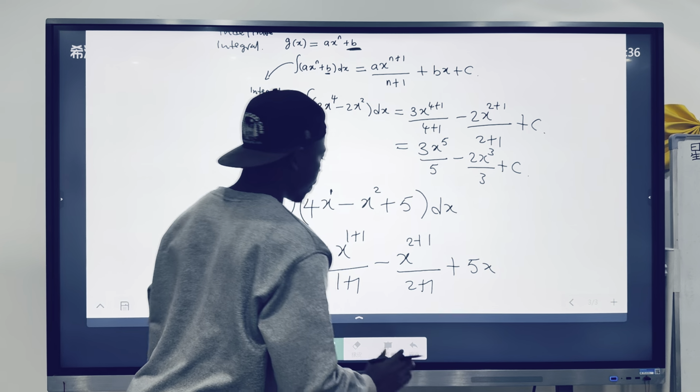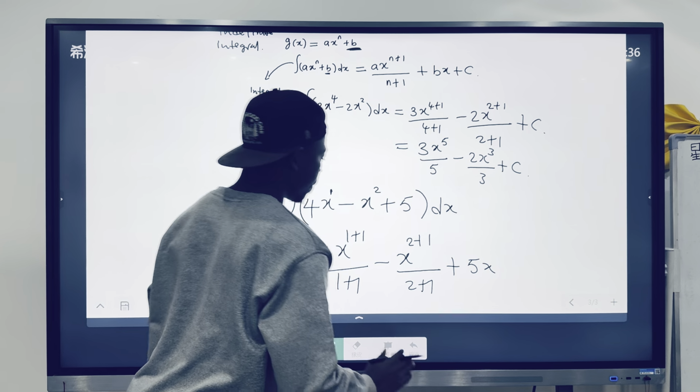If you have something written like 1 over b to the power n, you can always take this term to the top by changing the sign of the power. So this simply becomes 1 times b to the power negative n. So if I have 1 over 2 to the power 3, this is the same as saying 2 to the power negative 3.